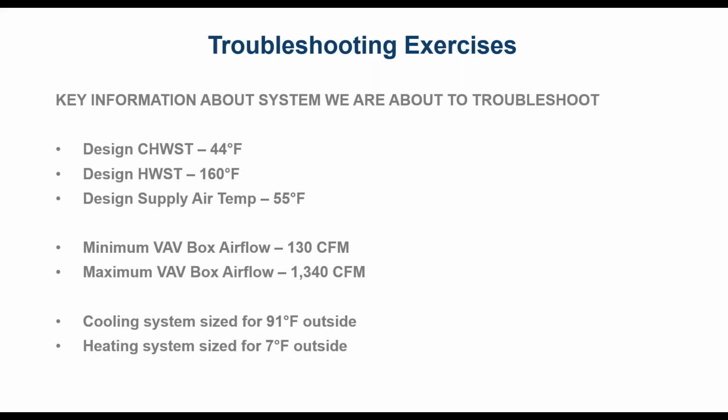But they never want more than 1340 CFM. That's the design airflow. So they say on the hottest day of the year, fully occupied space, 1340 CFM of 55 degree air will be sufficient to cool the space.